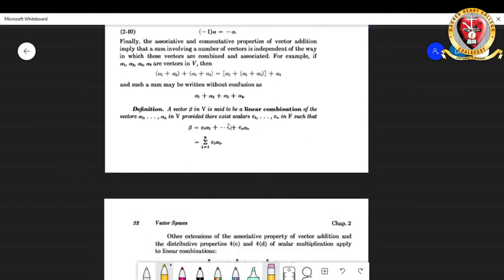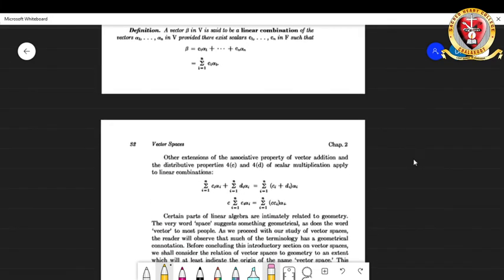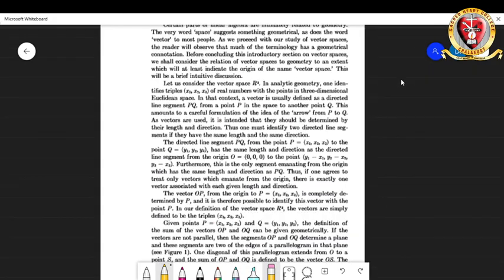A vector beta in V is said to be a linear combination of the vectors alpha 1, etc., alpha n in V, provided that there exist scalars C1, etc., Cn in F such that beta is equal to C1 alpha 1 plus etc. plus Cn alpha n, which is equal to the summation i equals 1 to n of Ci alpha i. So this is the definition of linear combination.